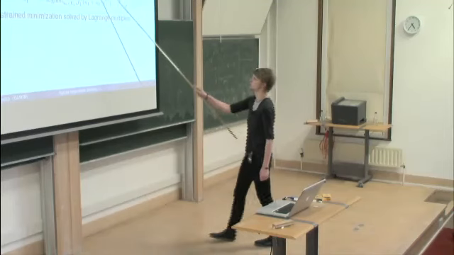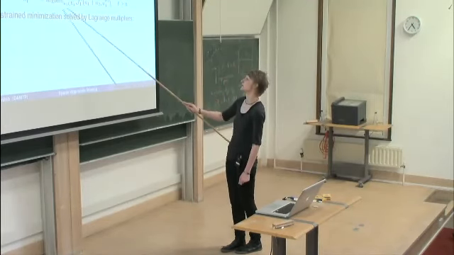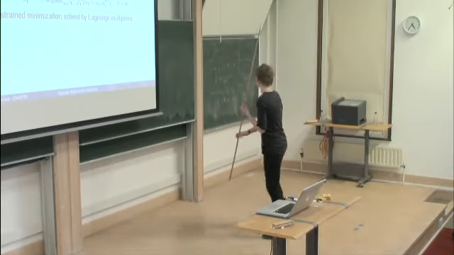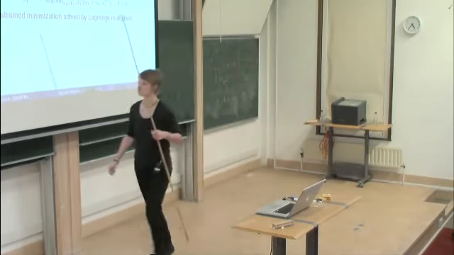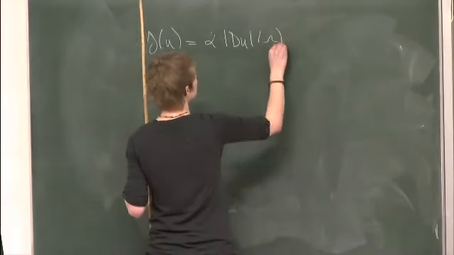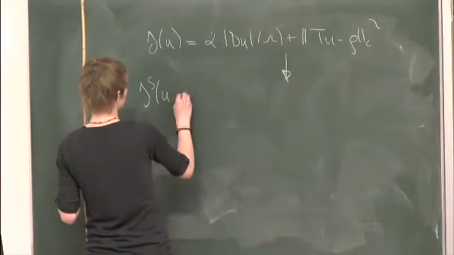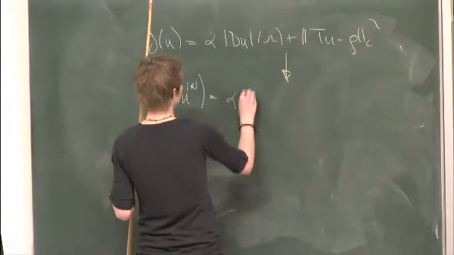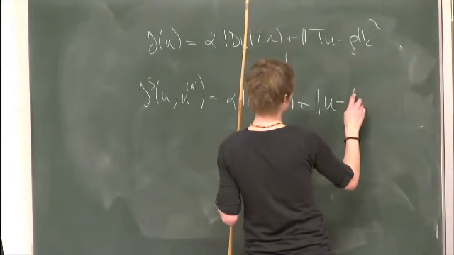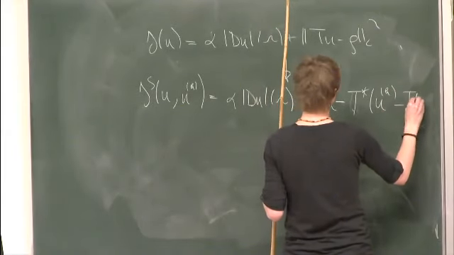So we approximate the minimization of J by minimizing a sequence of so-called surrogate functionals, or if you're coming from another community, maybe this can also be recaptured in the setting of the Douglas-Rachford splitting, where these problems are now easier to solve because what I do is I replace the functional J of U, which is alpha times the total variation of U on omega, plus this norm of TU minus G, by J_S of U, say with U^k, which is alpha times the total variation of U on omega, the same as this, plus, and now I have something like U minus, and I think it's T star (U^k minus T U^k minus G).